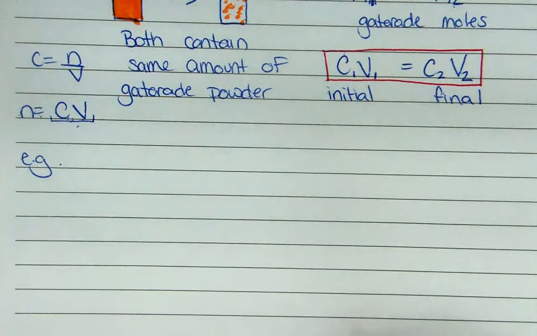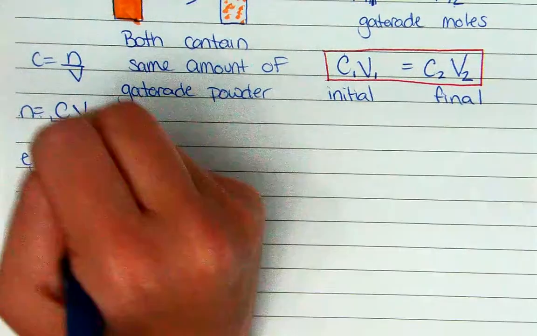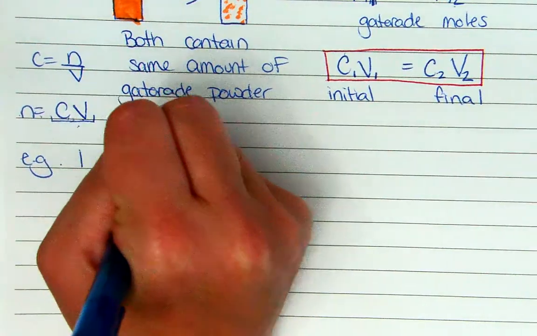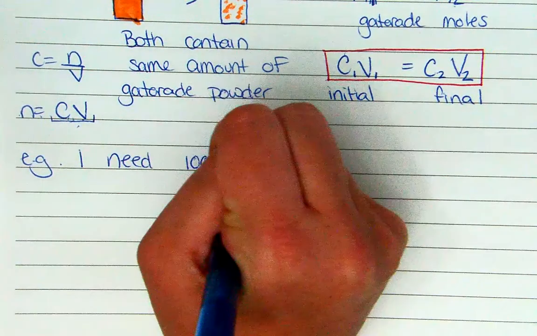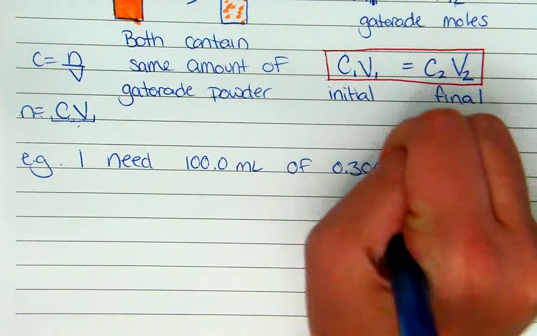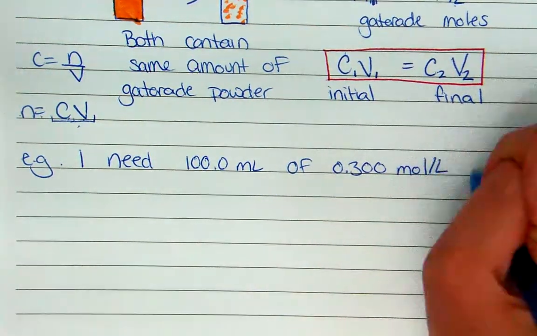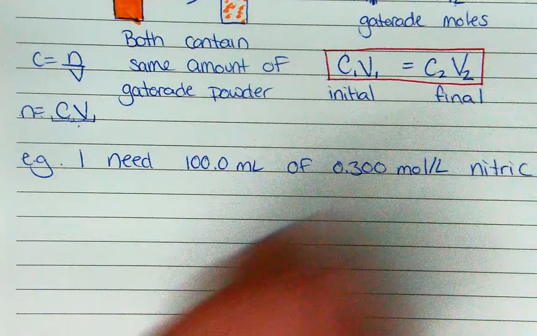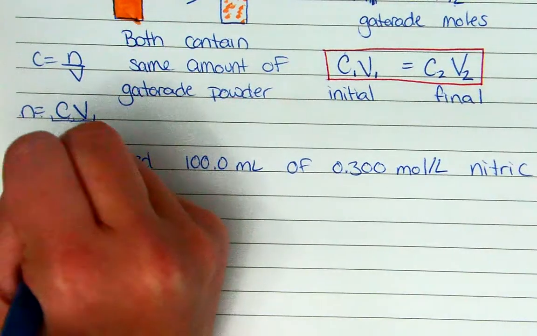Okay, we're in the prep room. I need to do some dilutions. I know for the lab we're doing, I need 100.0 milliliters of 0.300 moles per liter of nitric acid.